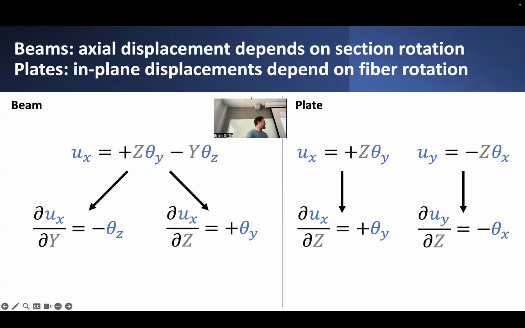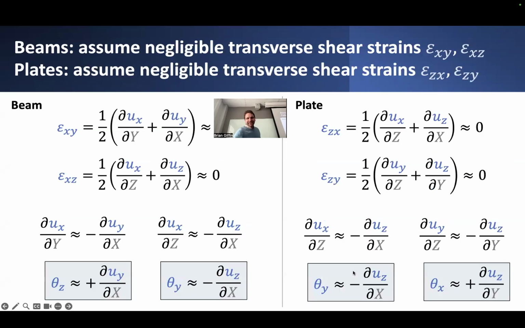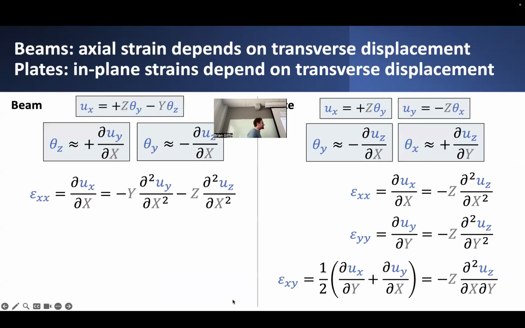And if we further say that shear deformations are relatively negligible, transverse shear strains in particular, then we can take this term and pass it through this other expression and finally come up with these resulting expressions.